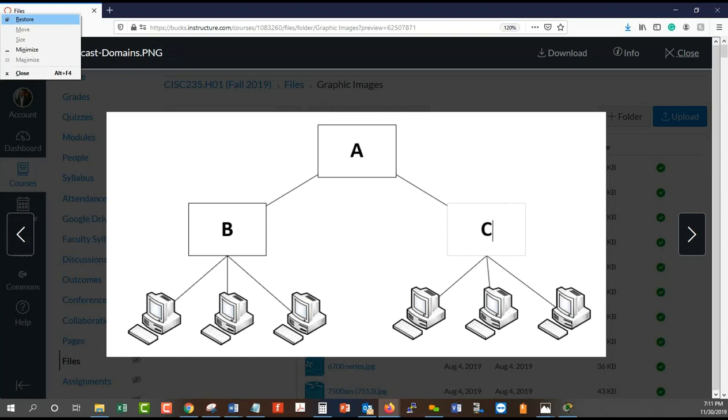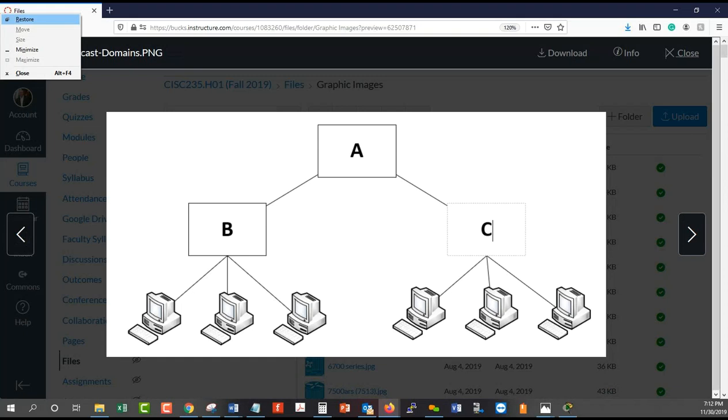Good. 2 broadcasts, correct. And 5 collision. Perfect. So again, the answer for everybody else, if A is a router, B is a switch, and C is a hub, then we have 2 broadcast domains and 5 collision domains. Okay, gang? All right. Very good. So I think you've got that locked down pretty well.